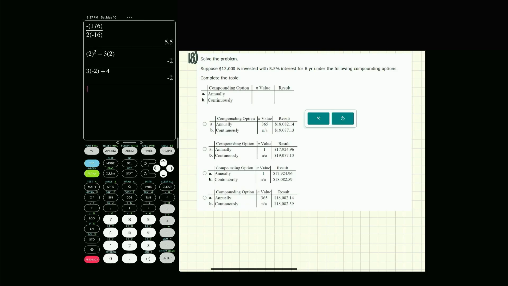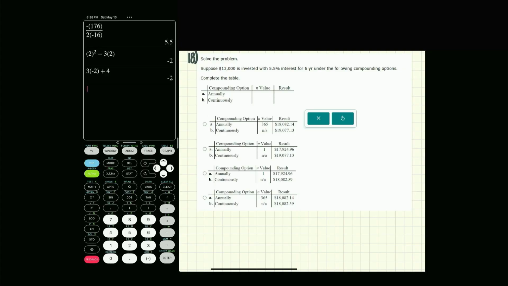Man, do we have to pick which one is correct? That's interesting.